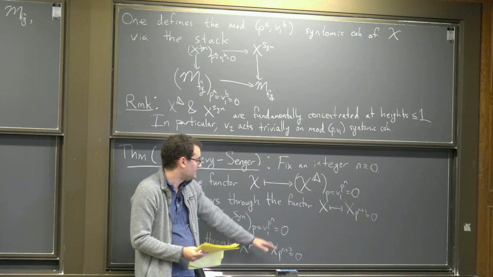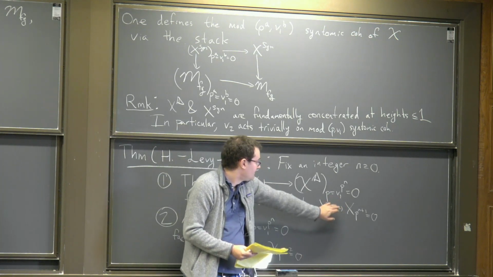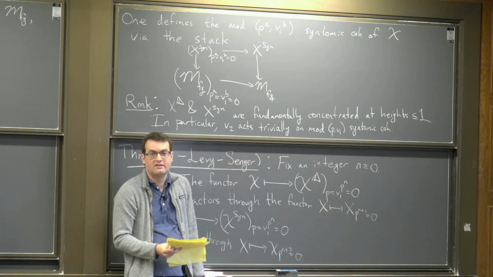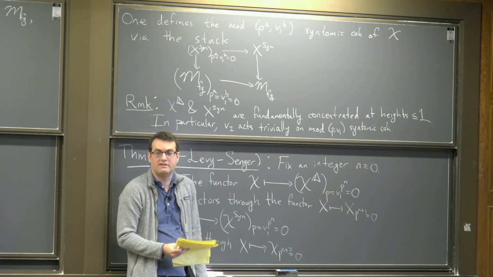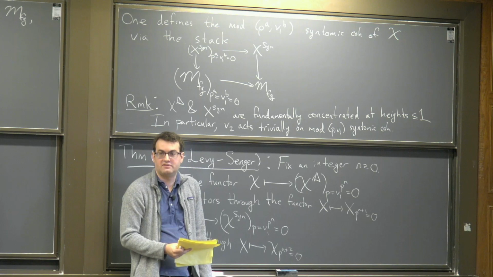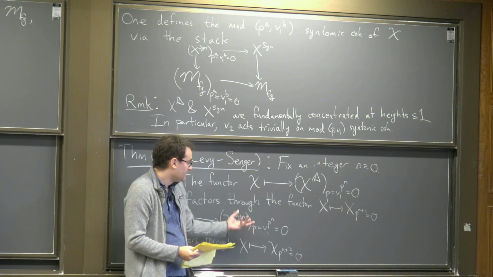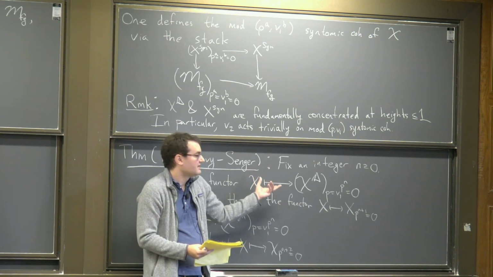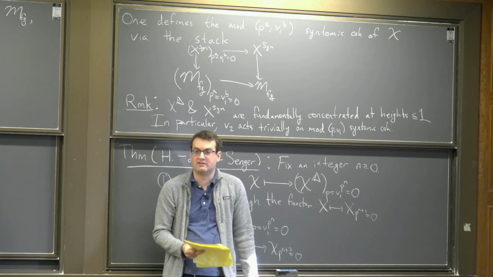It says that you can learn something about prismatic or syntomic cohomology only from these mod p reductions. Maybe just another comment is that this is some kind of very quantitative version of redshift, which should be a general feature, that somehow the p-adic filtration on X itself has become the v1-adic filtration on its prismatization or its syntomification.